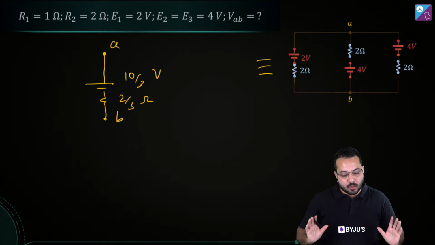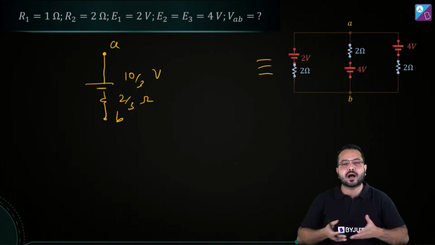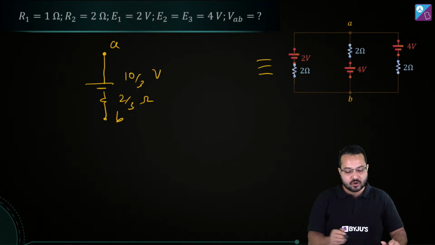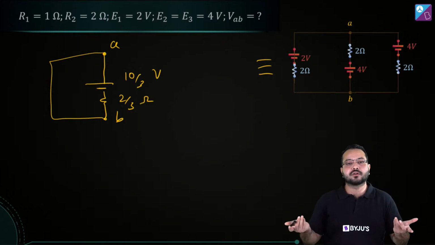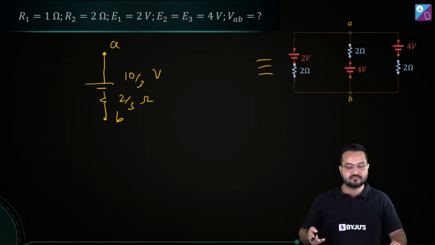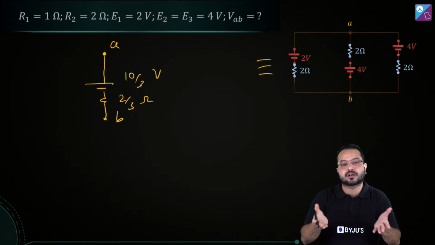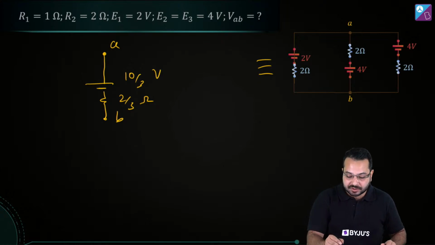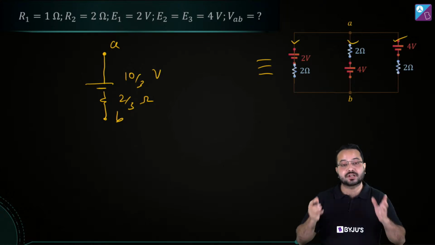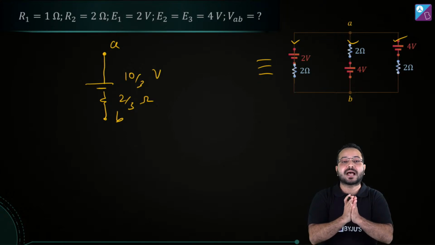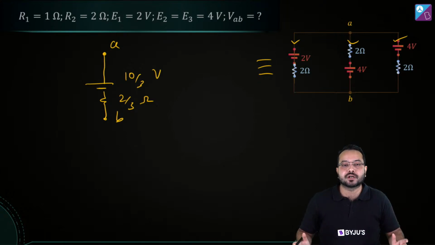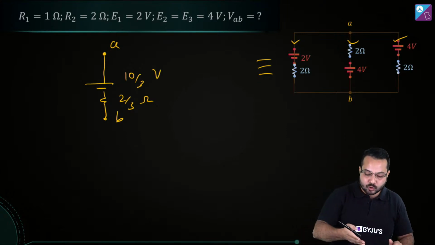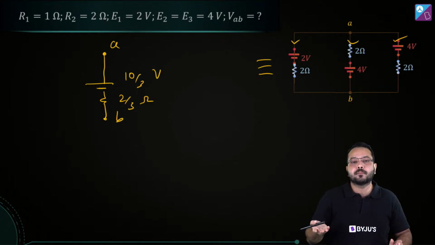Okay. Now we can see that these points A and B are part of an open circuit. There is no closed circuit over here. Internally in the branches, the current would be there, in this branch, in this branch, in this branch. But if we take them as a whole, then this is an open circuit. And if this is an open circuit, there's going to be no current through this branch.